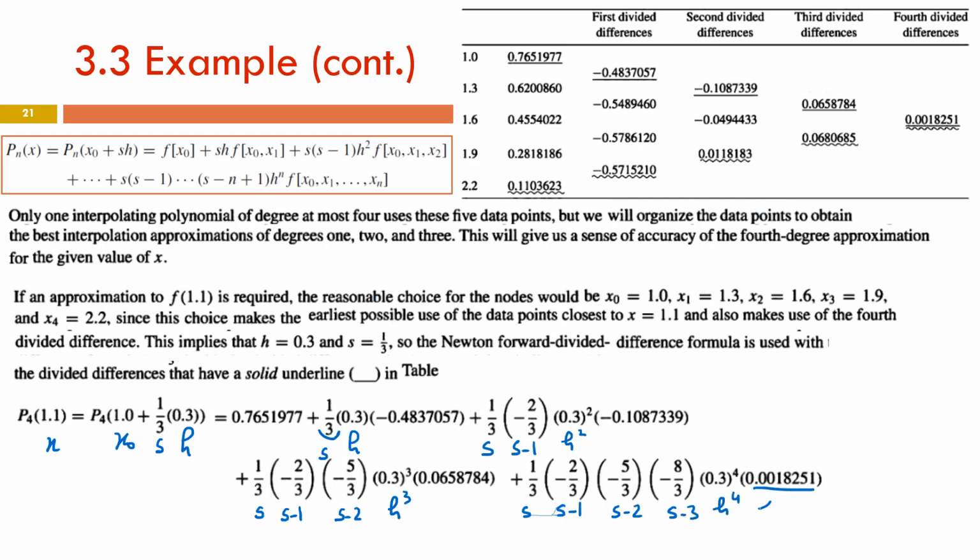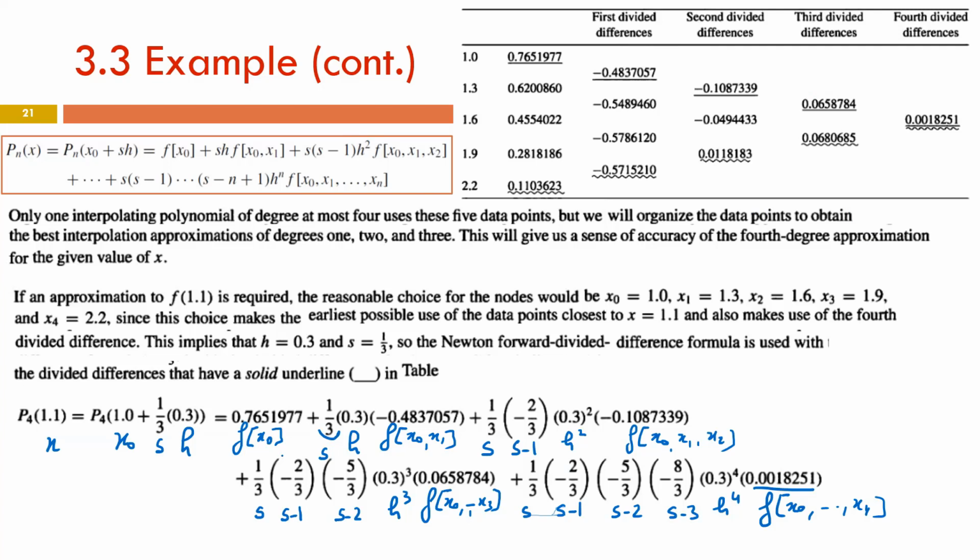And these are the divided differences, f x0 to x4. This is f x0 to x3. This is x0 x1 x2. This is x0 x1. This is x0. This is how we obtain the NDDP using forward difference in this case.